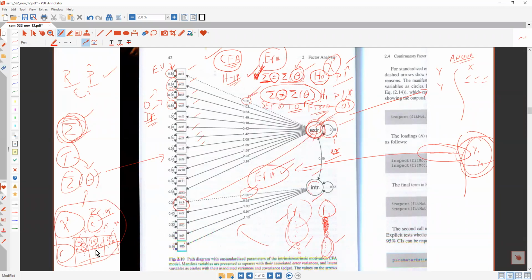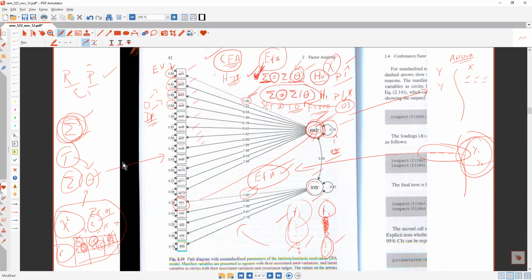So by analogy, in the SEM framework here, you're actually trying to reproduce these things. You're trying to match up the parameters. Now these are observed counts, so it's not quite the same, but you get the idea of what it's doing. It's trying to reproduce that correlation or covariance matrix.